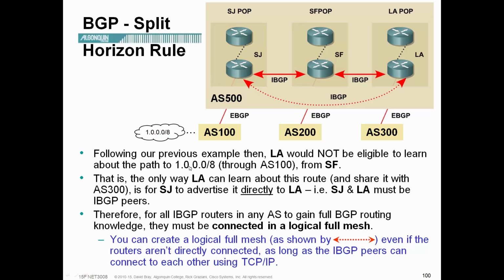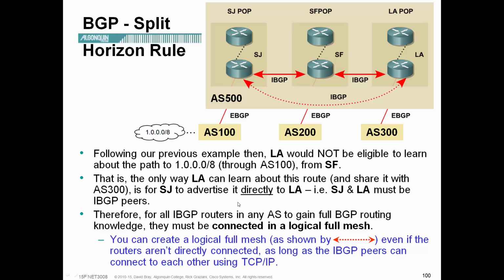Going to the next slide, given that example we just talked about, LA would not be eligible to learn about the path to 1/8 from SF. In other words, SJ learning this path can share it with SF, but LA wouldn't know about it unless there was this extra dotted line here, this internal peering, directly with SJ to LA.